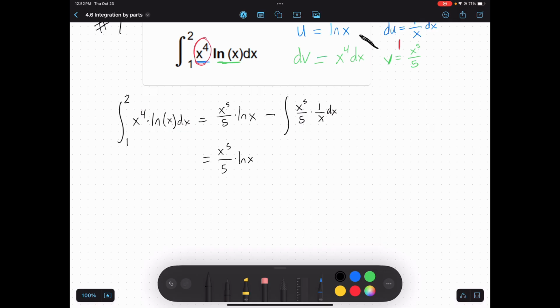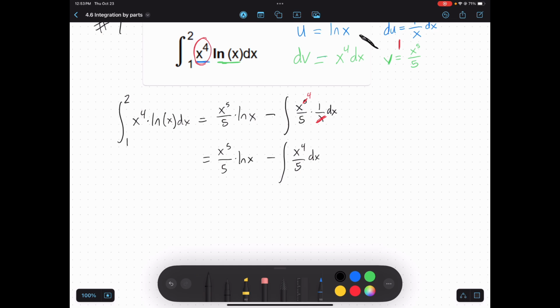This first piece is already simplified as much as I can, but take a look at my new integral. That looks pretty complicated. But what happens when I multiply x to the 5th over 5 times 1 over x? The x in the denominator cancels out with one of the x's in the numerator, and I'm left with x to the 4th over 5 dx. That's a function I know how to find the antiderivative of.